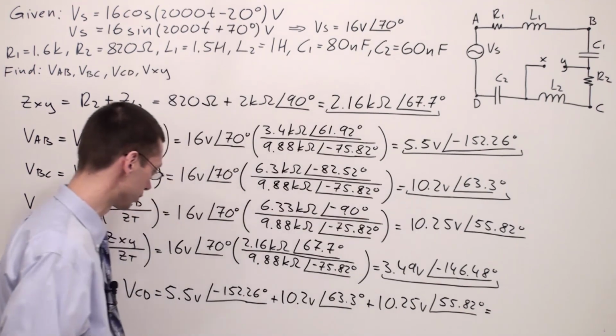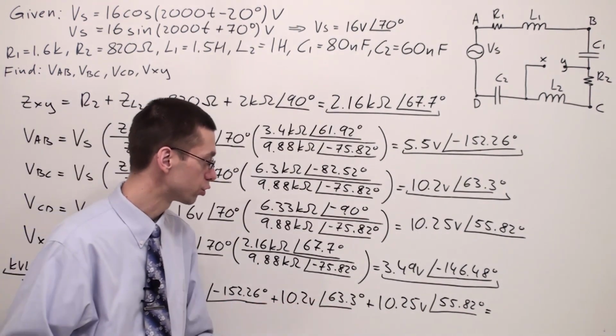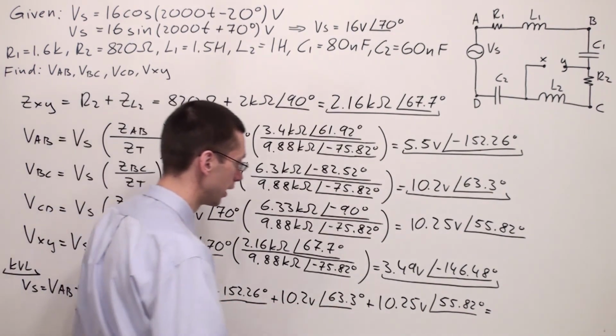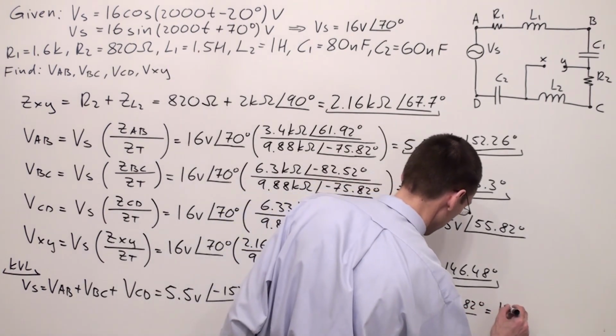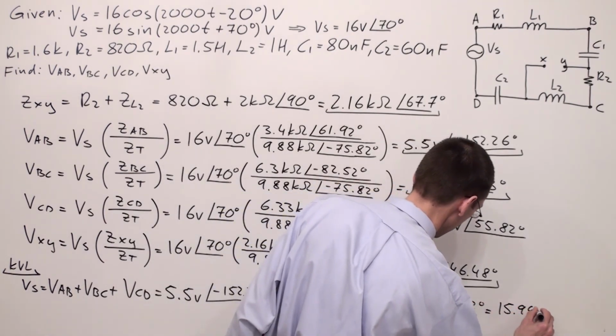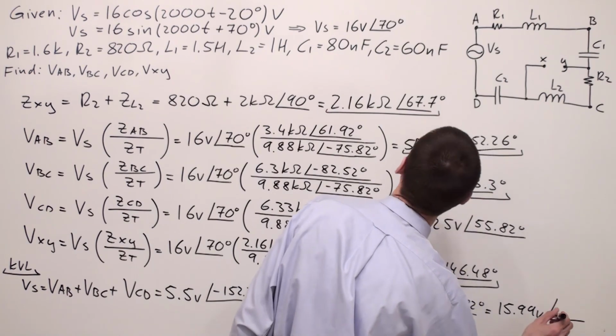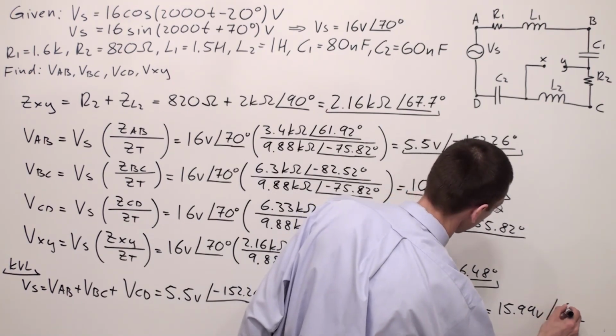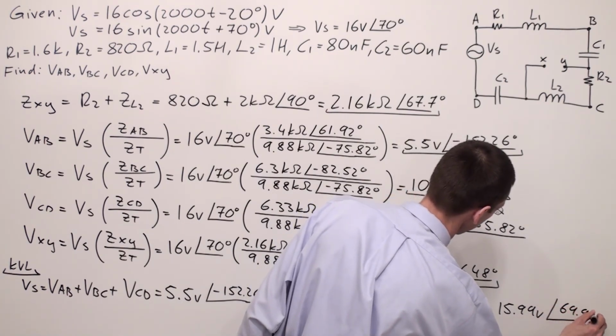If you are going to use the calculator, you're supposed to obtain the value 15.99 volts and angle of 69.99 degrees.